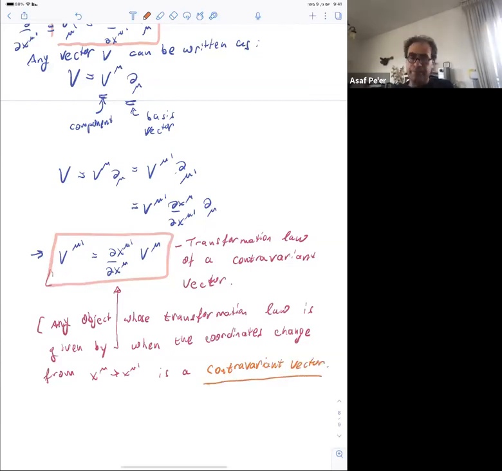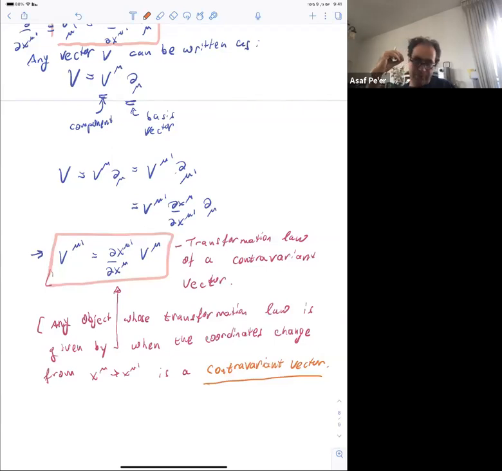So again, the important thing here is that I identified vectors with directional derivatives along curves that go in the manifold. And obviously, this transformation law is completely compatible with the transformation law that we've learned and seen in special relativity.